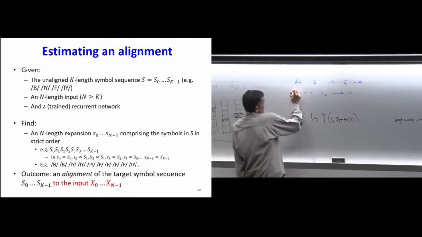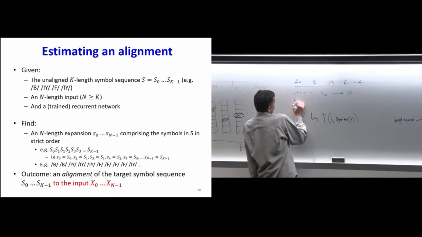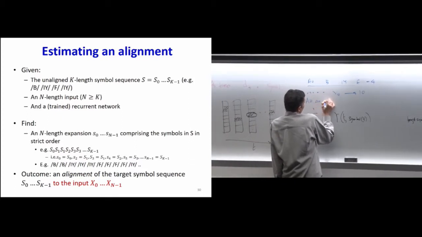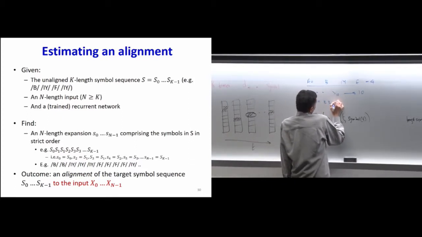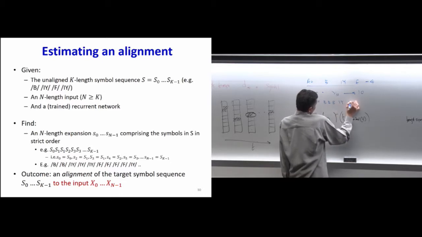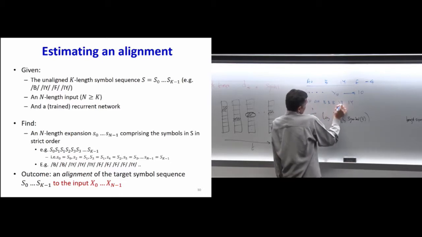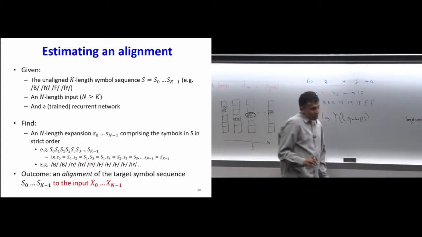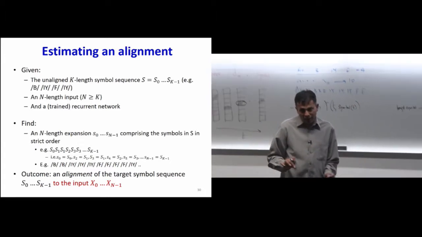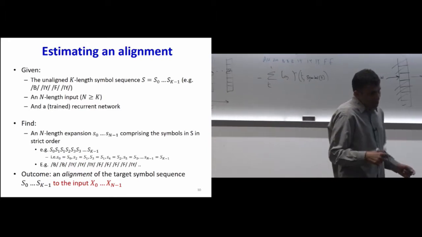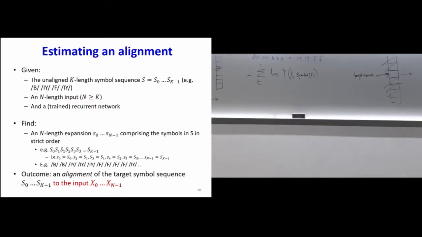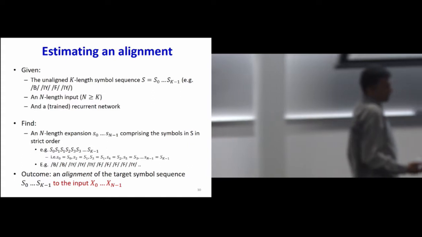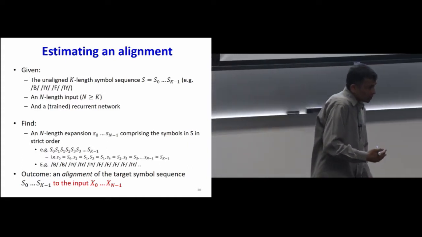So from this, you want to find something of this kind. B, B, B, E, E, how many is this? 1, 2, 3, 4, 5, 6, 7, 8, 9, 10, right? You basically want to find an extension by repetition of the basic sequence such that the extension by repetition is the same length as the input.